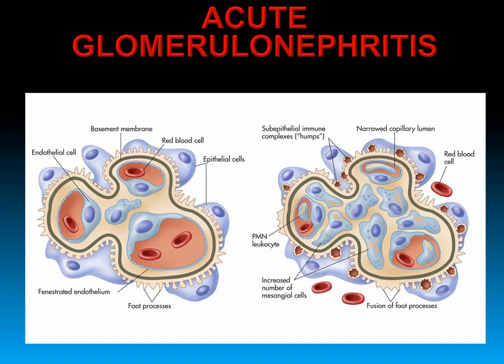The main cause of glomerulonephritis is beta-hemolytic streptococcus group A, so acute glomerulonephritis is often called post-streptococcal glomerulonephritis. The disease is characterized by association with streptococcal infections like tonsillitis, pharyngitis, scarlet fever, pyoderma, and other diseases, any disease which can be caused by beta-hemolytic streptococcus group A.